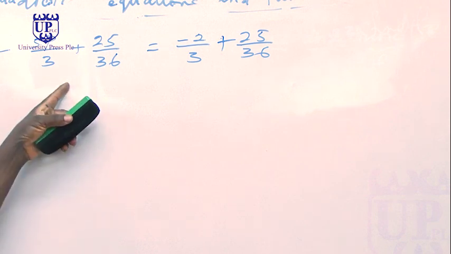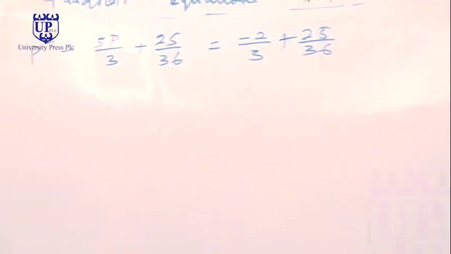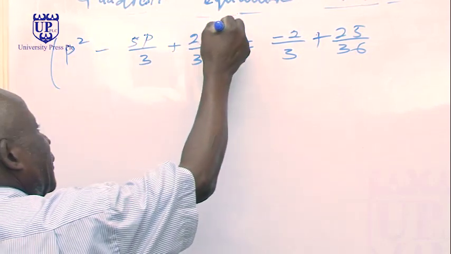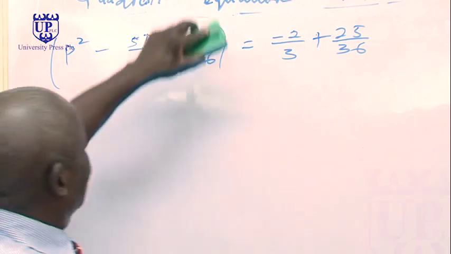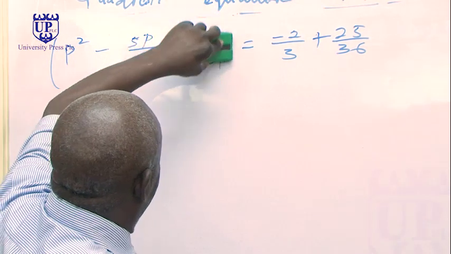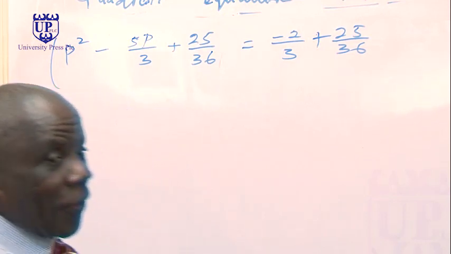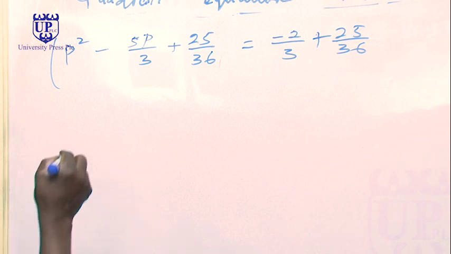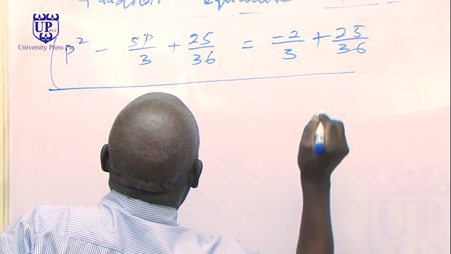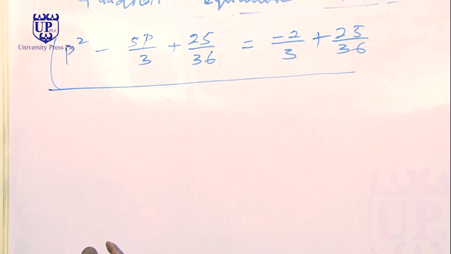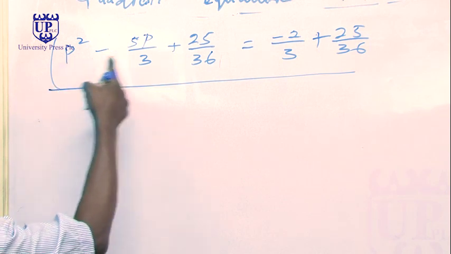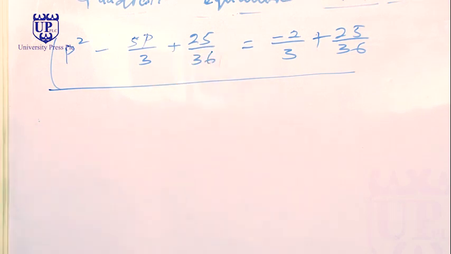If you look at this, this is a perfect square. The reason is this, let me show you something. This is p raised to power 2, and this is 25 over 36.